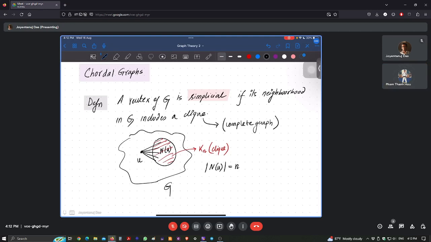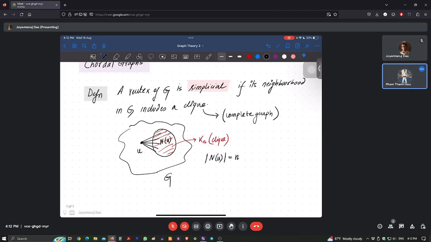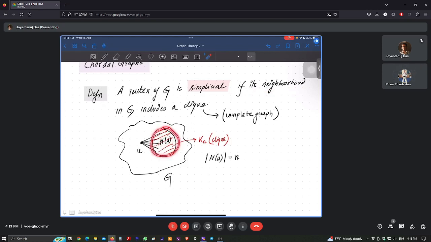For example, suppose we have two neighborhoods, one is a clique and the other one is not. No, the thing is, neighborhood means I am considering all the vertices that are adjacent to u in the whole graph.